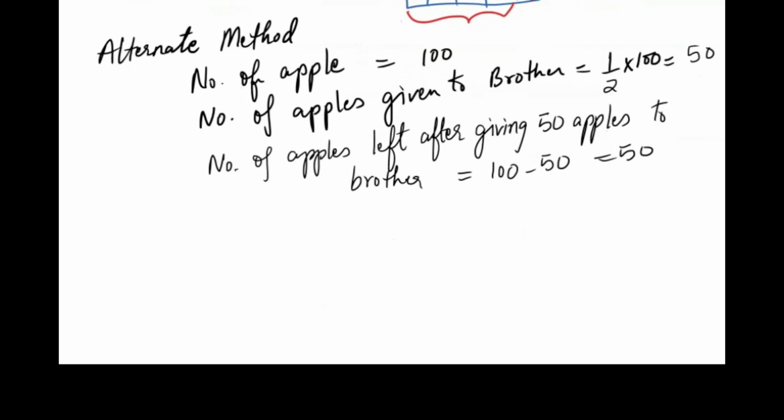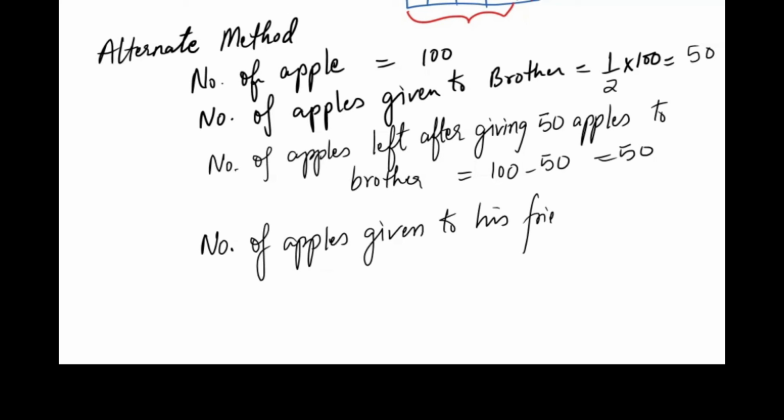Now, he wants to give 1/5 of remaining apples to his friend. Number of apples given to his friend is equal to 1/5 of 50. That will give you 50 divided by 5 is 10.